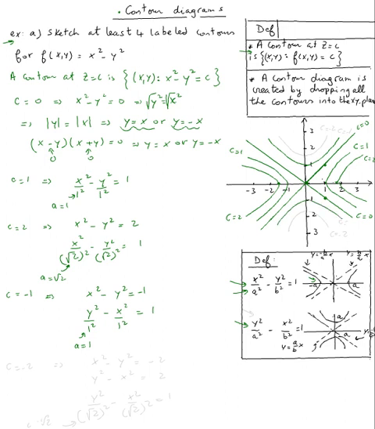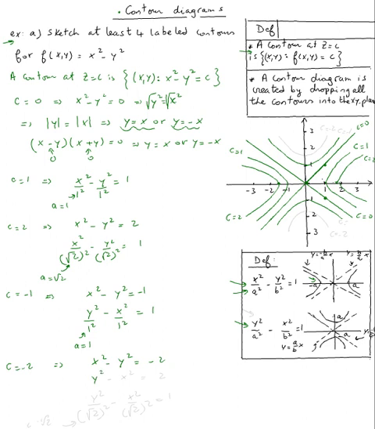Now let's do c equal negative 2. Same thing, x squared minus y squared is equal to negative 2. Divide everything by negative 2, or divide by negative 1, then divide by 2. Let's do it in 2 steps.